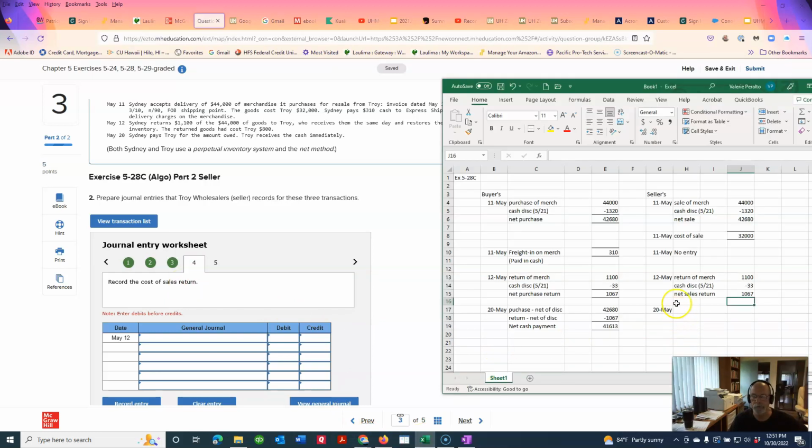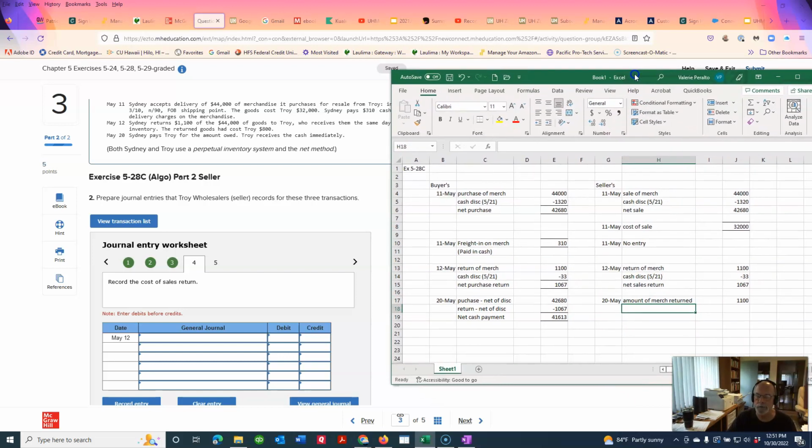And so we need to show that the cost of this amount of merchandise returned is $1,100.